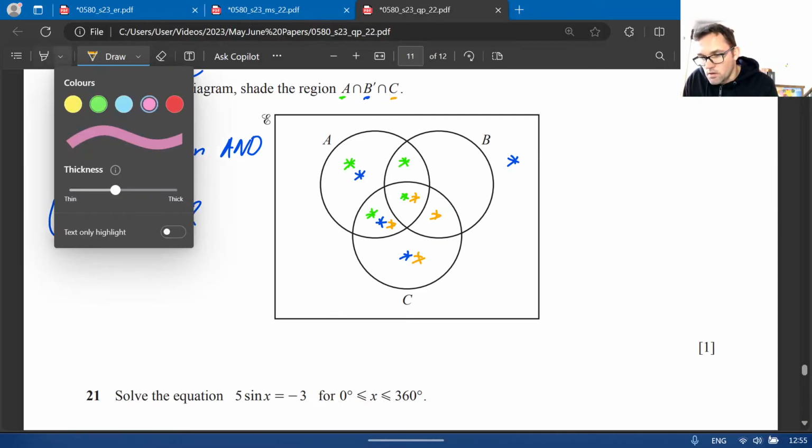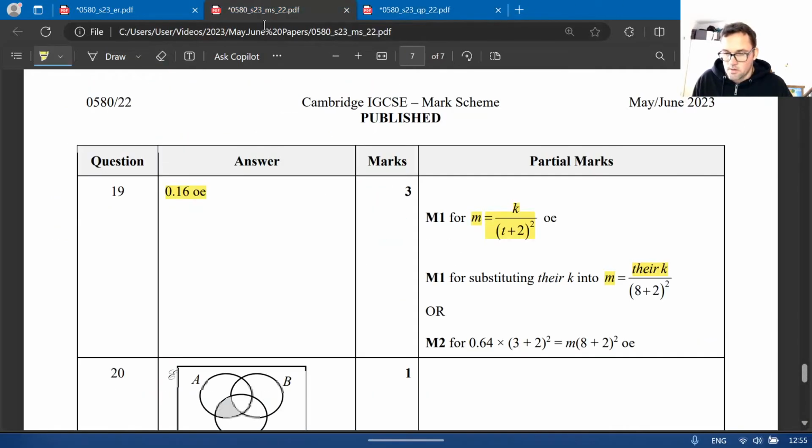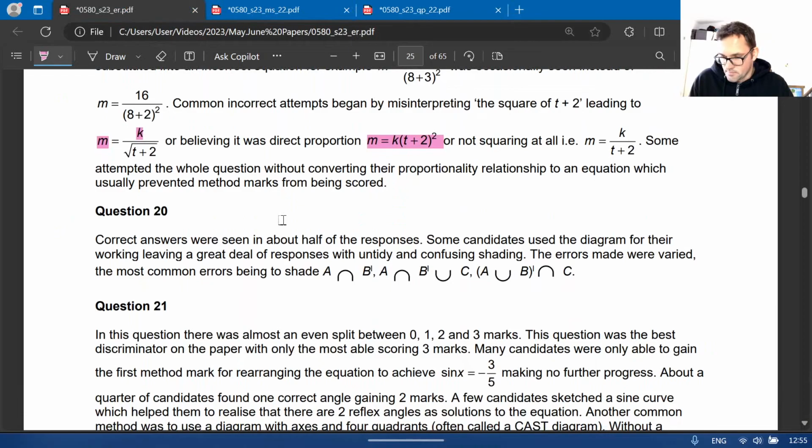That is what we're going to shade. Do it in red. Make it smaller. Meaning this is it. And that's the answer, ladies and gentlemen. You can rub out any working out we did in pencil. And there it is. Something that requires a bit of practice. You can do it. About half of everybody got this question correct.